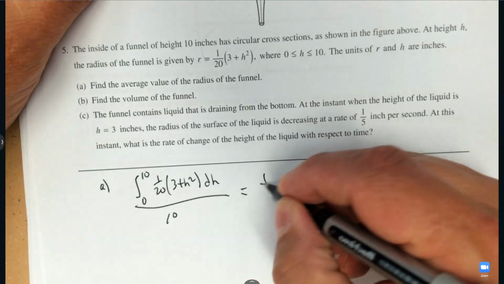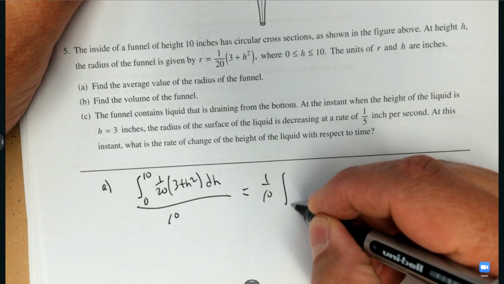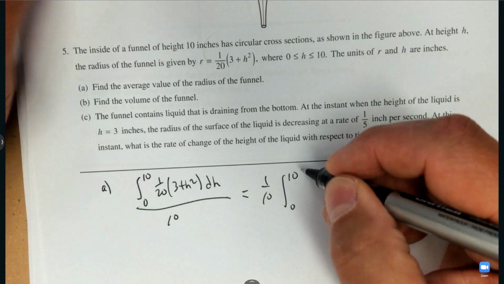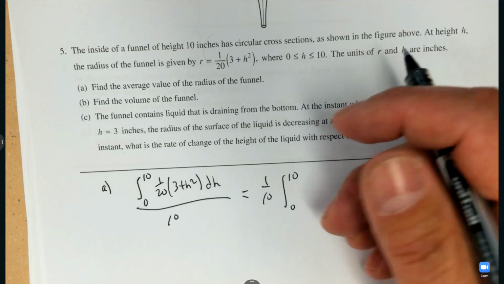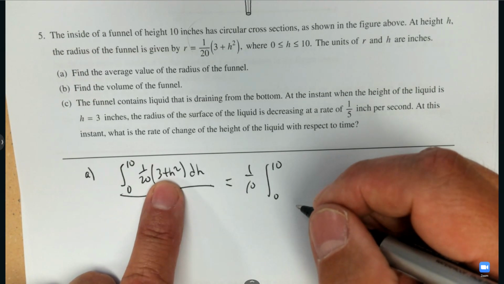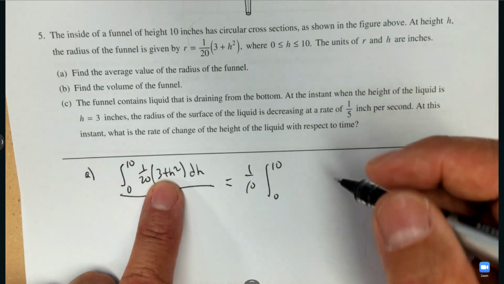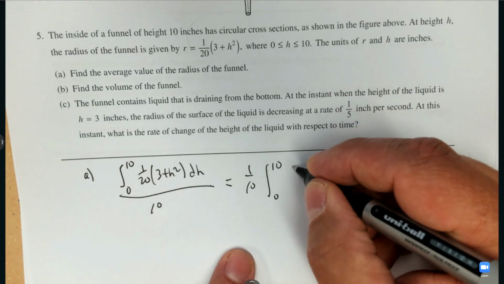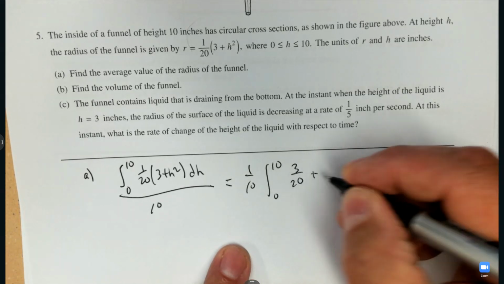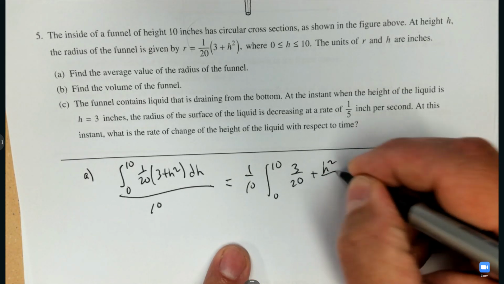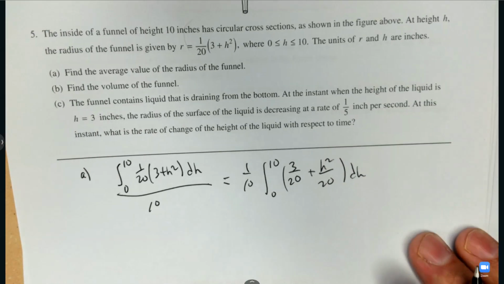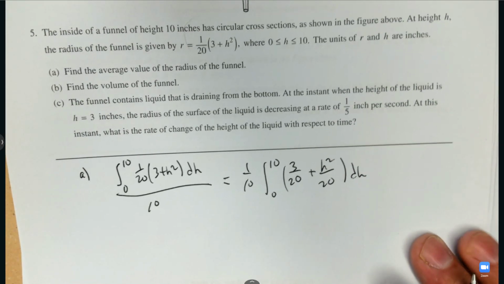So I'm going to write that as 1/10. I'm going to distribute. So I'm going to go 1 over 20 times 3. And then I'm going to integrate.